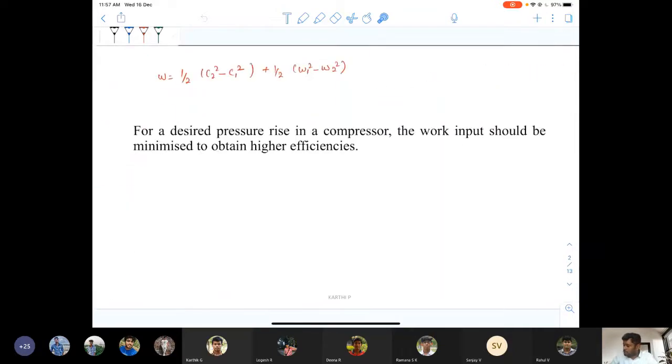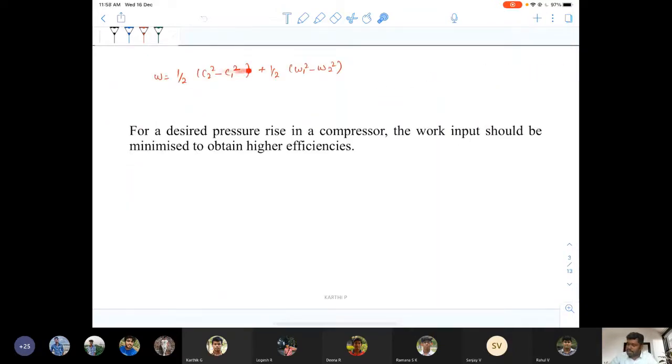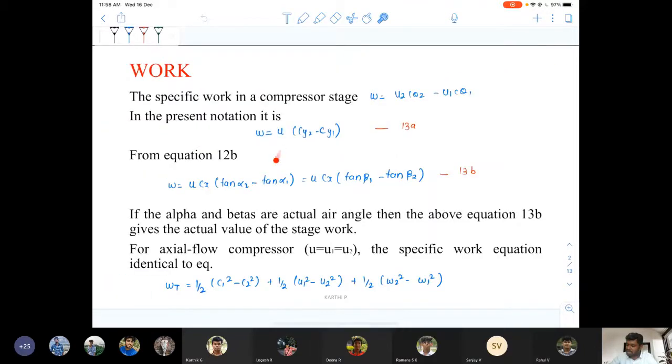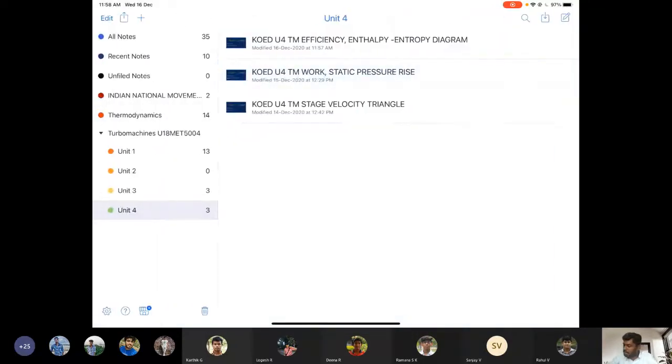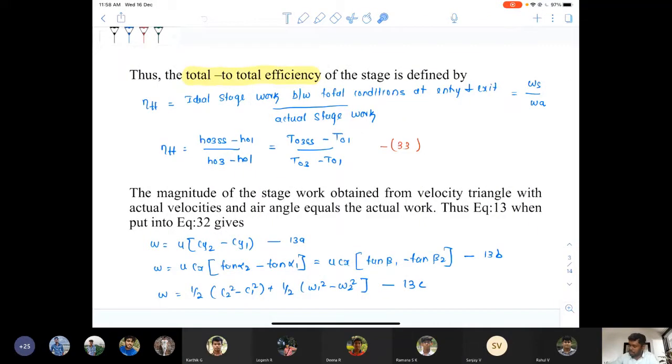And 13c is this equation, W is equal to 1 by 2 C2 square minus C1 square plus 1 by 2 into W1 square minus W2 square. We have used these three work equations, 13a, 13b and 13c, and we have written down those equations.